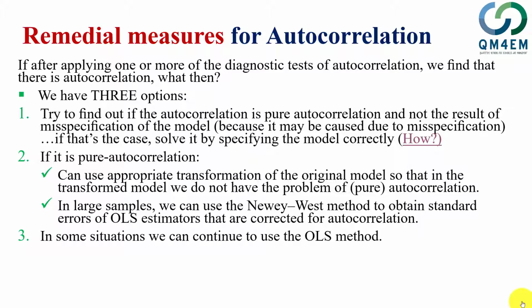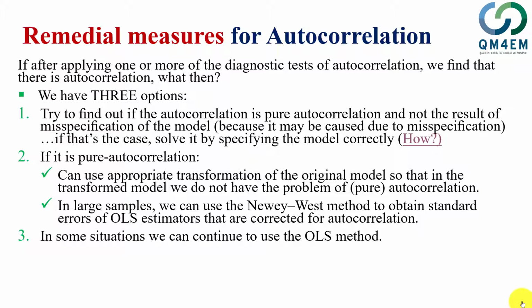To sum it up, there are three possible ways we can proceed once we identify a problem of autocorrelation. The first is to be sure that the autocorrelation is not because of misspecification bias. If there is a misspecification in the model, we had better fix that and then check for autocorrelation. If autocorrelation is not because of misspecification bias, which we call pure autocorrelation, then we have two options.